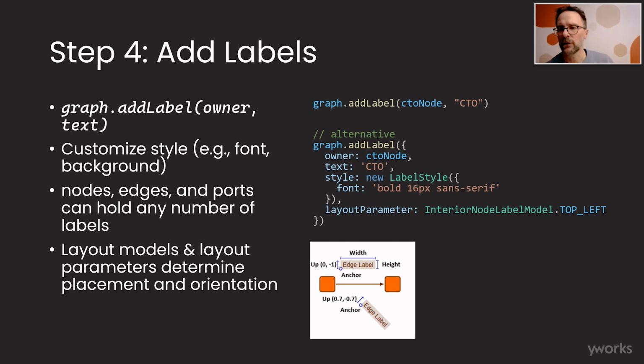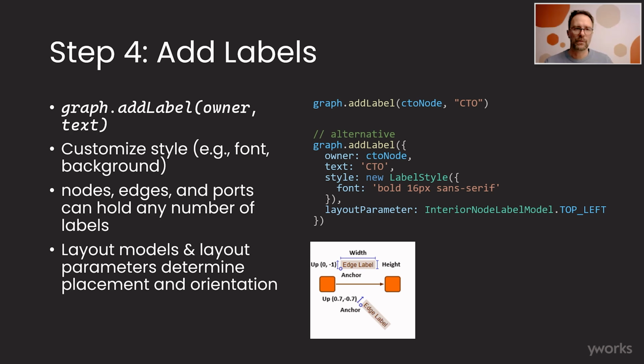Last but not least, when you add a label, you also need to tell it where to place that label. And that's where, in yFiles, we use layout models. These are different small pieces of code that dynamically determine the placement of the respective labels with respect to their owners.